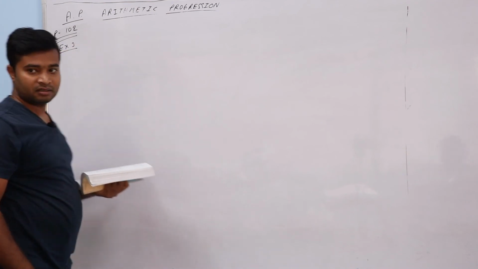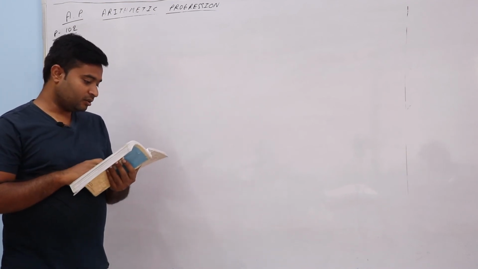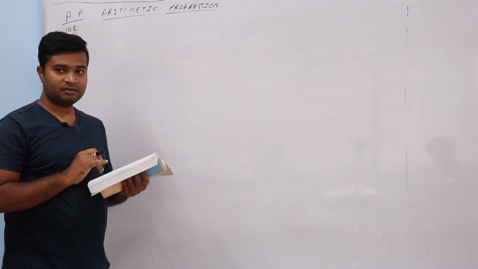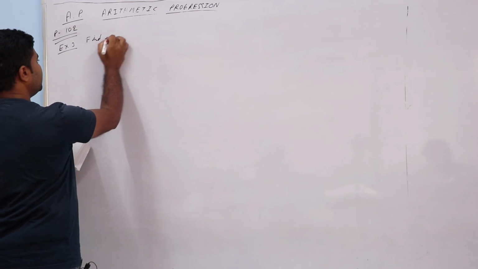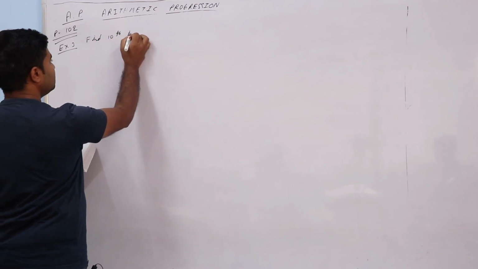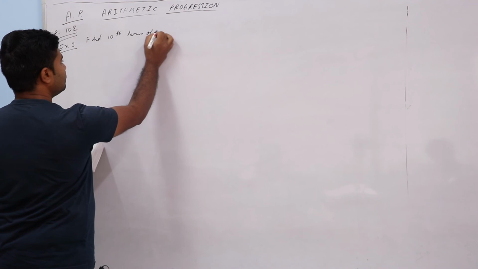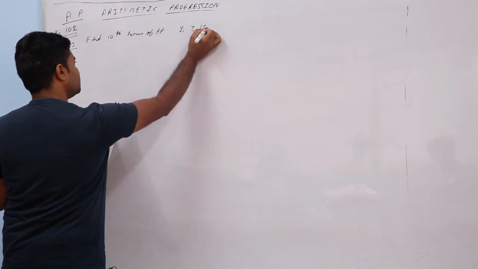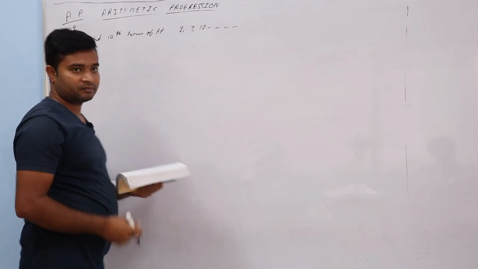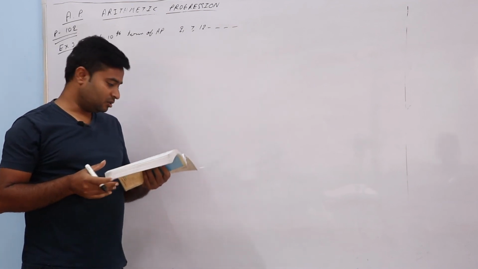Example number 3. The question is saying: find the 10th term of an AP. I'm writing the question: find the 10th term of the AP 2, 7, 12, and so on. Getting 2, 7, 12?